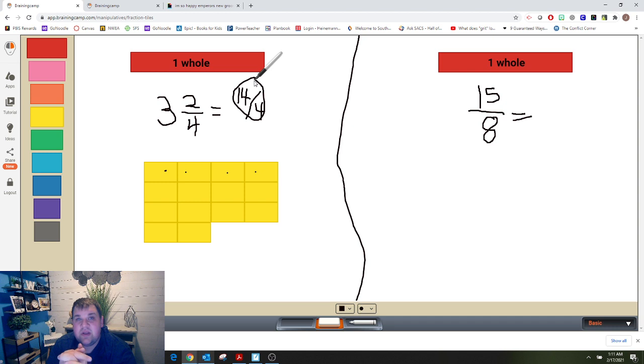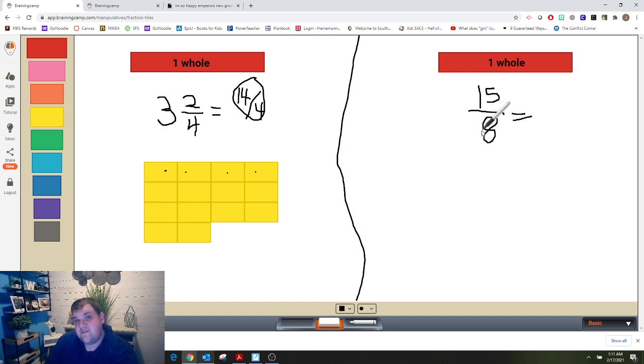So you will need either your math toolkit that you took home with you at the beginning of the year, or you will need Braining Camp open on a split screen in your iPad with this video. Your last choice is to use paper. So you can use paper strips or paper and pencil to make these fractions. So with those 3 choices, I want you to help me start this one to the right.